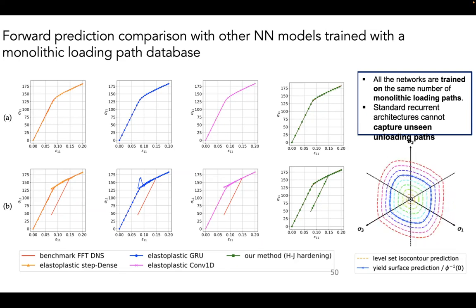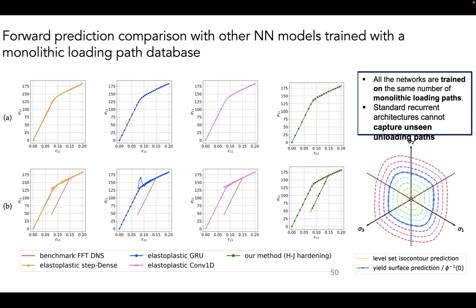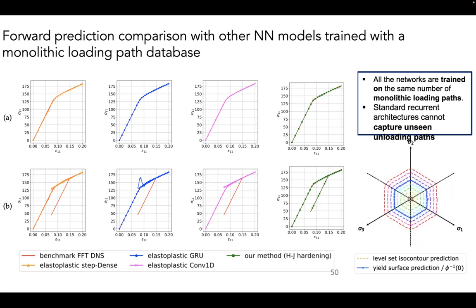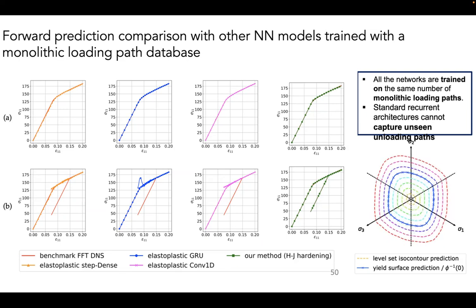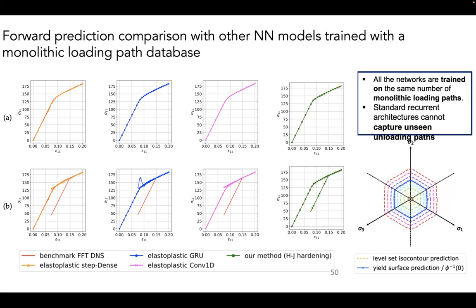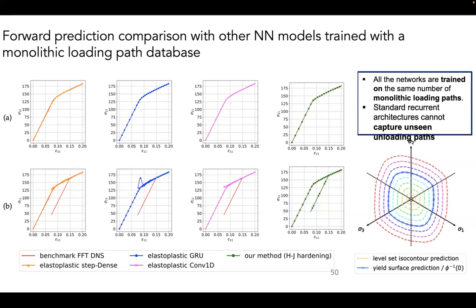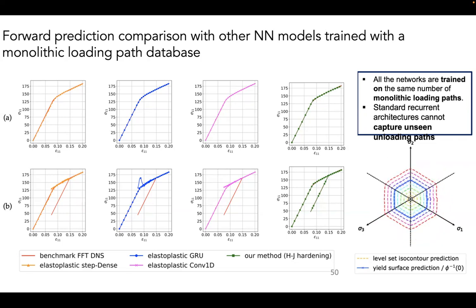But in a convex one, I would never have that problem. Any linear combination between elastic state A and elastic state B would remain in the yield surface. So I get some geometrical benefit from it because I can explicitly enforce the convexity.